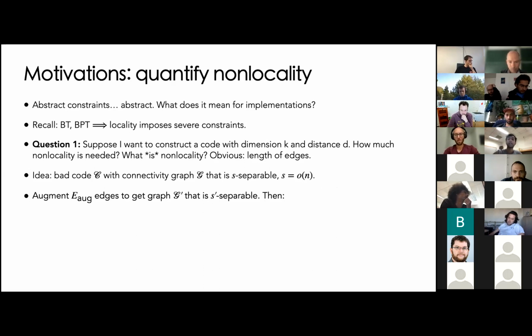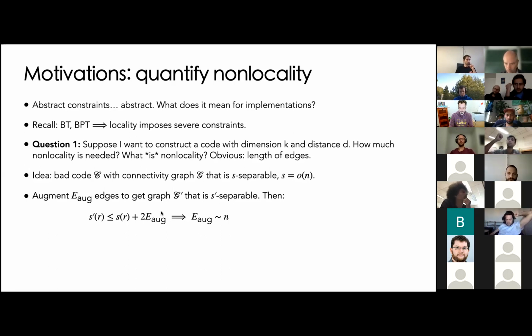Unfortunately, the answer is no, because this code would still have a poor separator. If I added some edges to get an augmented graph G prime, then the size of the separator for my new graph is upper bounded trivially, because I could first remove the long-range edges that you've added.